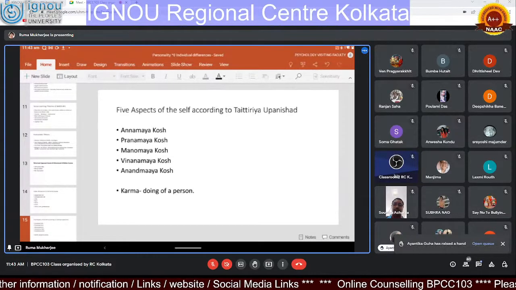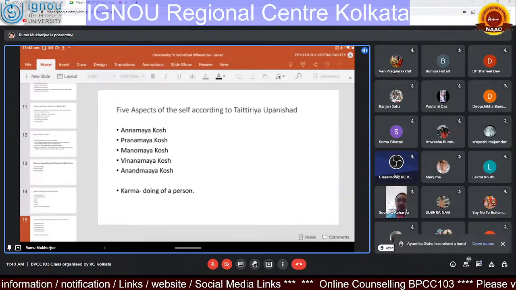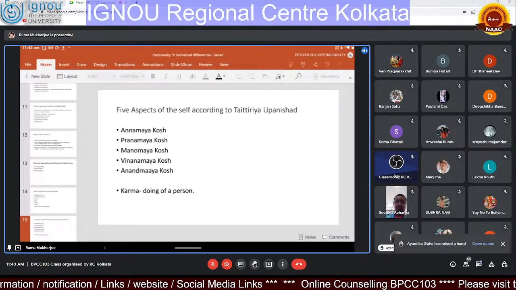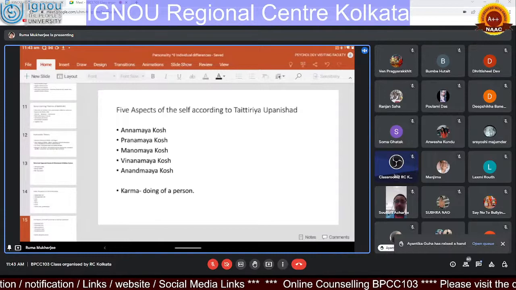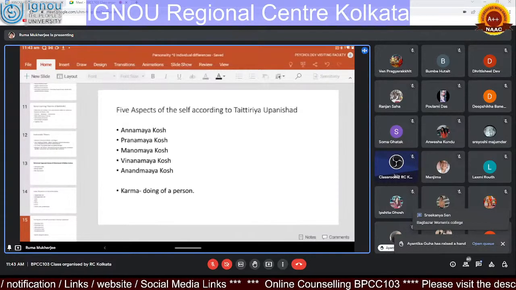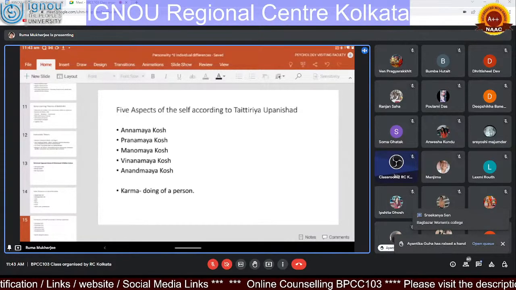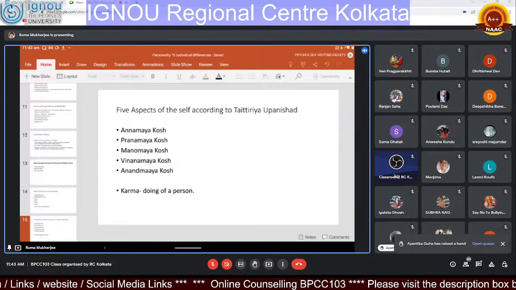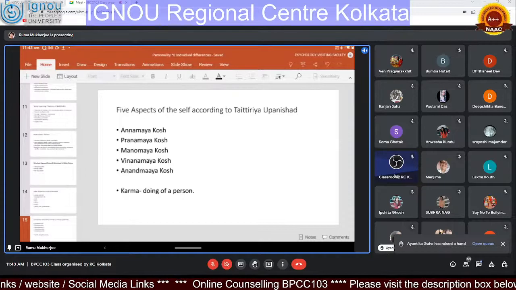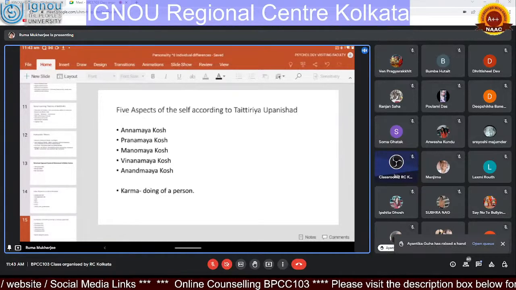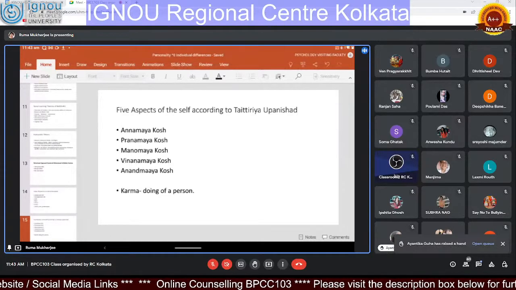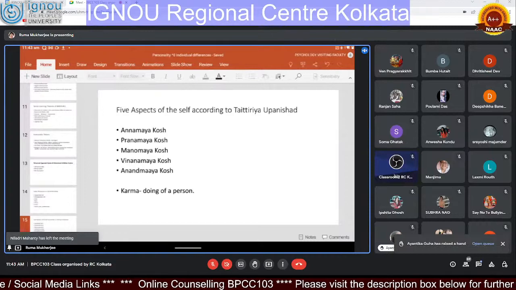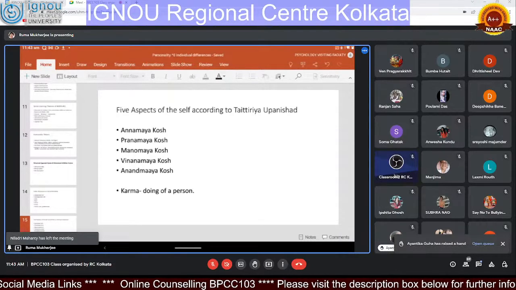That means in which situation we are happy, what the internal joy is, and how we express ourselves during joy or any happiness. That is the Anandamaya. It came from a Sanskrit word. So these are the five aspects of self described according to the Taittiriya Upanishad.